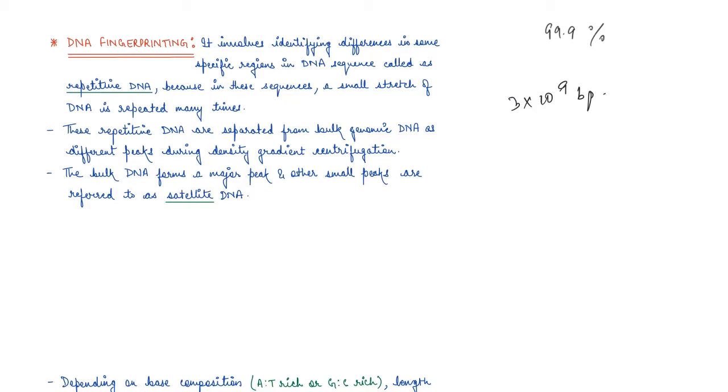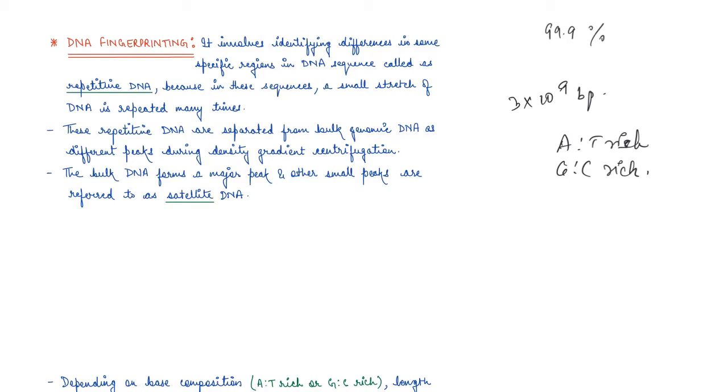Depending on base composition, whether it is AT rich or GC rich, and based on length of the segment and number of repetitive units, satellite DNA is classified into many categories such as microsatellites, minisatellites, etc.